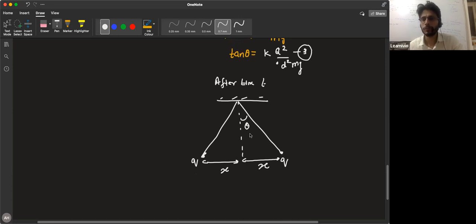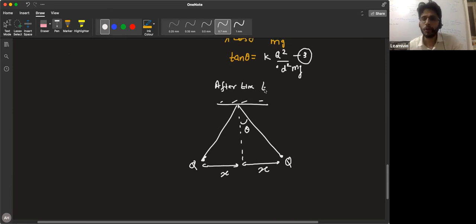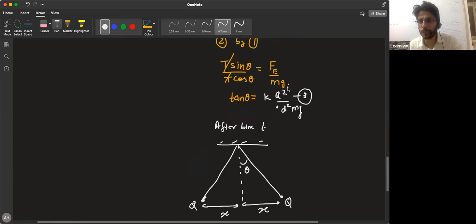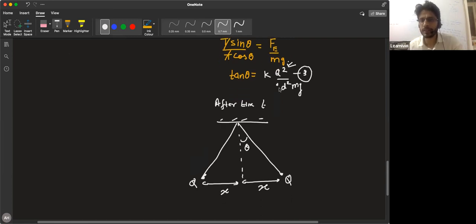The charge is leaking, so the charge is q and q and the separation is x now. If q decreases, how will that decrease in q affect this x?